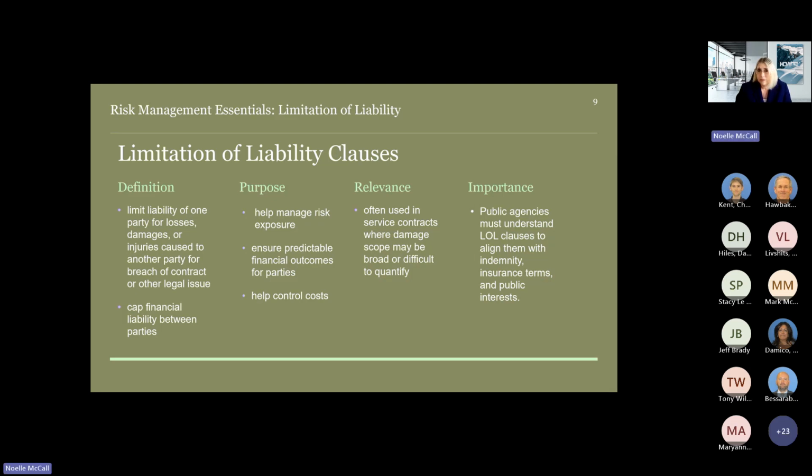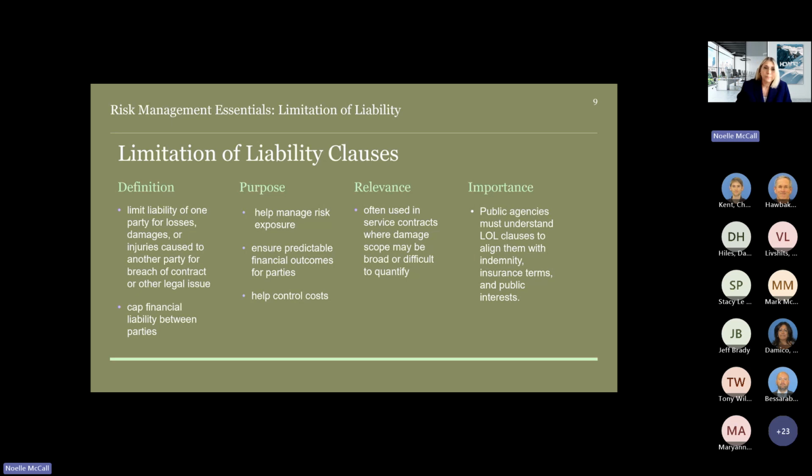So the definition of limitation of liability clauses includes the following. It limits the liability of one party or both parties for losses, damages, or injuries caused to the other party for breach of contract or other legal issues. Now, this has the effect of capping the financial liability between parties, and that can be one-sided or mutual.